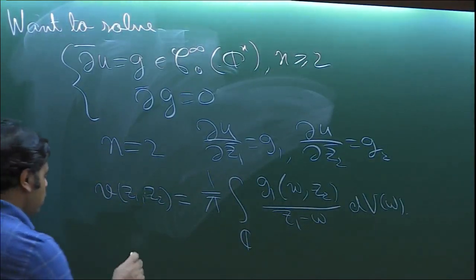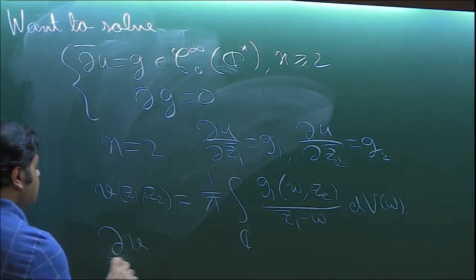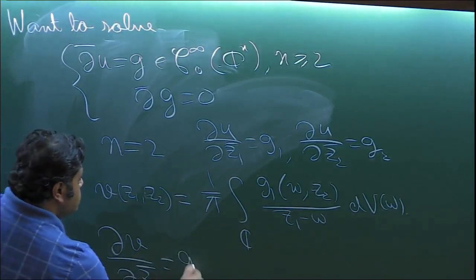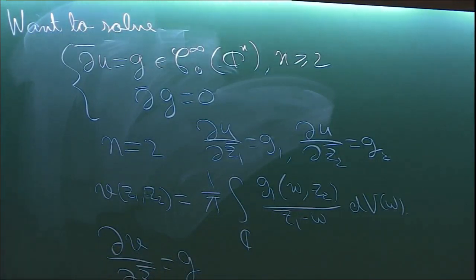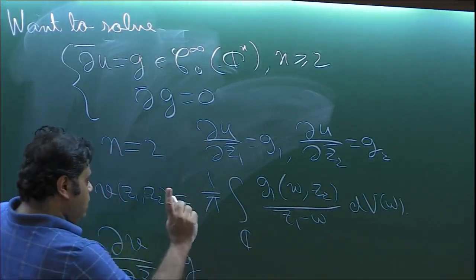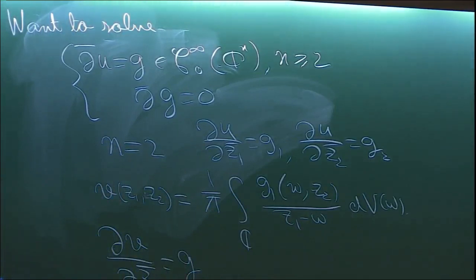But let us see what we know about this. dv over d z1 bar is already g1. I don't know about the second equation, but I have certainly solved the first equation. Also, and this is important, g has compact support.